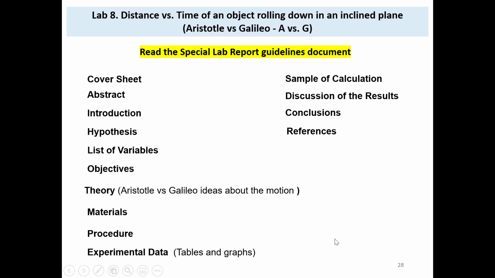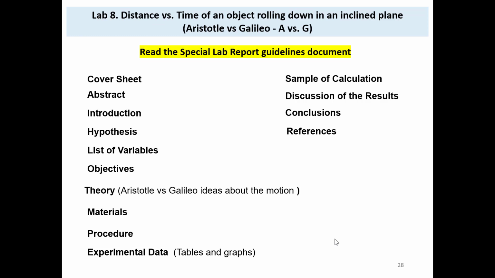Here, I don't want you to turn in the lab sheet in this case. I want you to use the information you have in the lab sheet to complete the special lab report. The first thing I would like you to do to complete the special lab report is read the special lab report guidelines document that will be under lab 8.